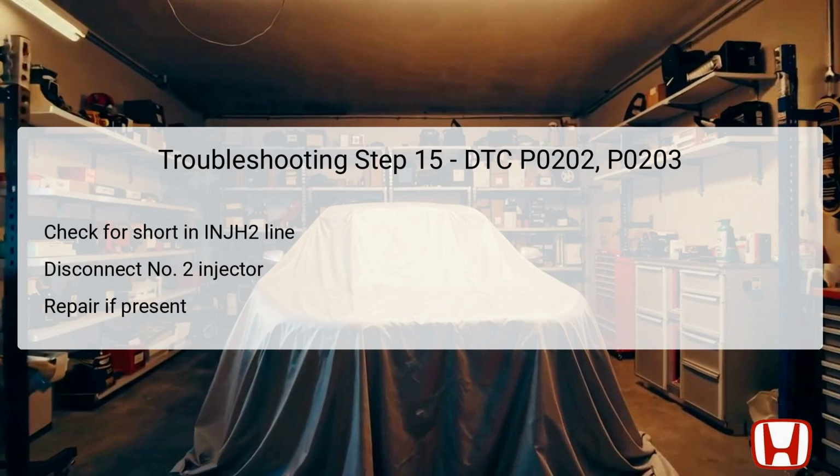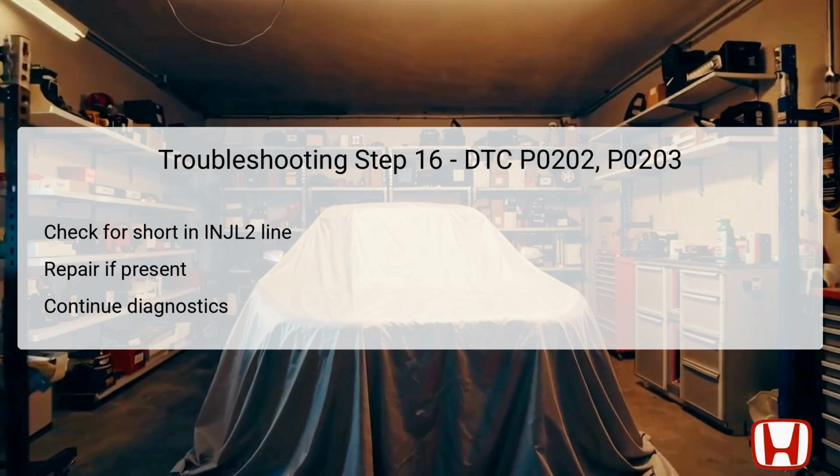If you find voltage, this indicates a short to power in the INJH2 wire that must be repaired to correct the circuit. If no voltage is present, you can proceed to the next diagnostic step, as the wire appears to be intact at this stage. Identifying shorts is key in resolving the issues indicated by DTC codes, ensuring that components function as intended.